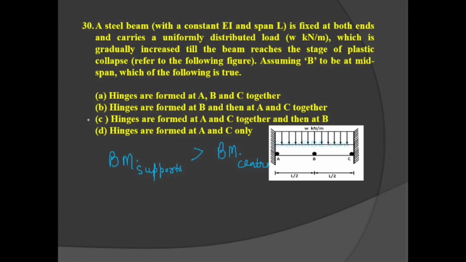Hinges are formed initially at A and C and then at B. So, sequence of plastic hinge development.